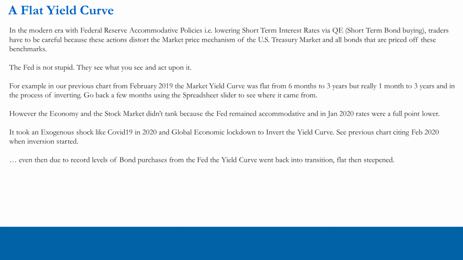But at the time, however, the economy and the stock market didn't tank in 2019. Why? Because the Fed remained incredibly accommodative. And in January 2020, rates, as you can see, were a full point lower. It actually took the exogenous shock of COVID in 2020 and global economic lockdown to actually invert the yield curve. So have a look at the previous chart when we're citing February 2020, when the inversion actually started.